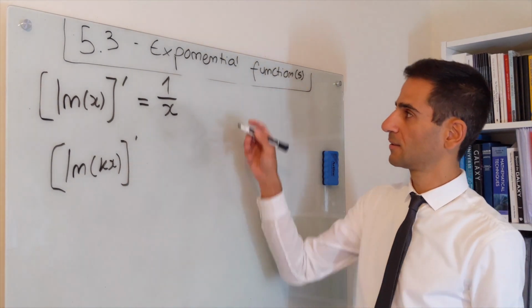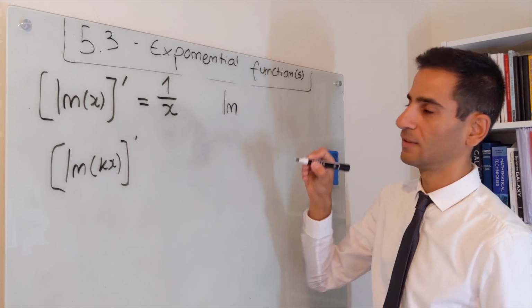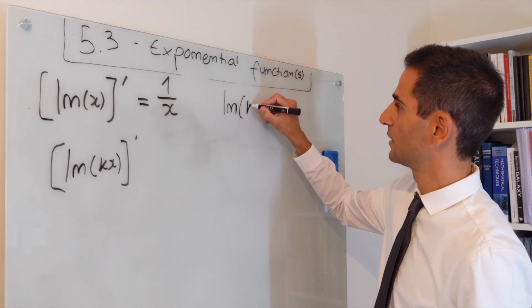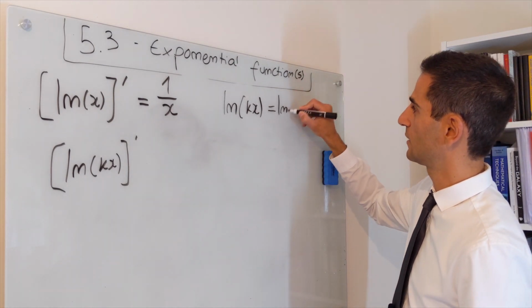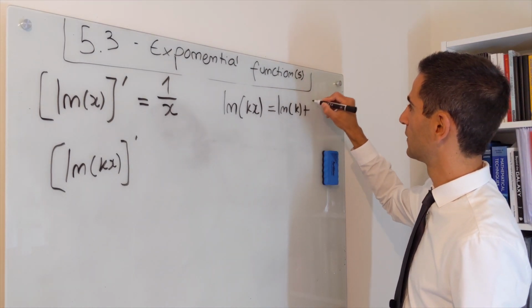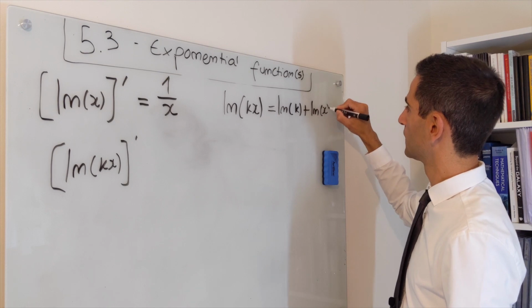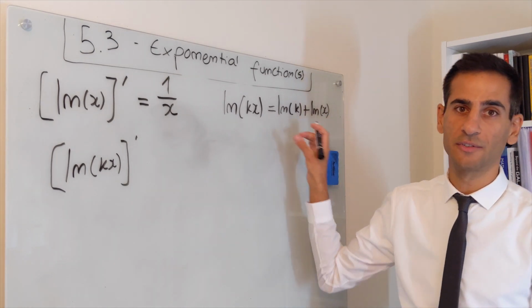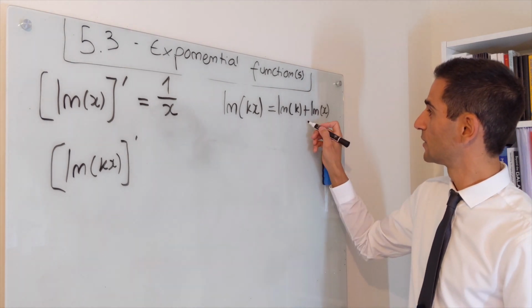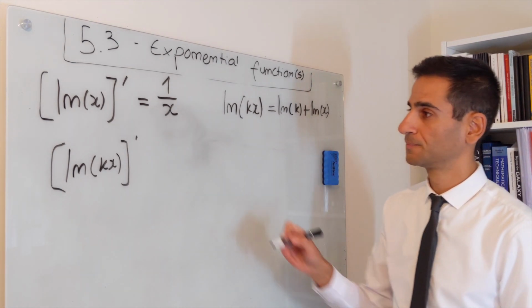In this case, if you remember the properties of logarithms, you can write that ln kx is the same as ln k plus ln x. And therefore, you can write this in a way that we can use differentiation rules, which is essentially the sum rule.